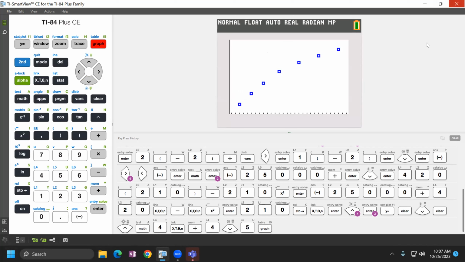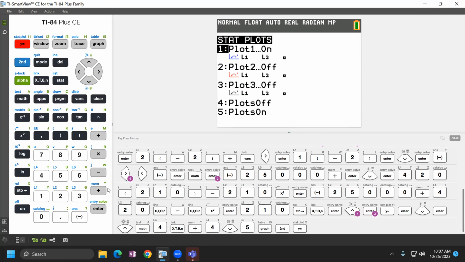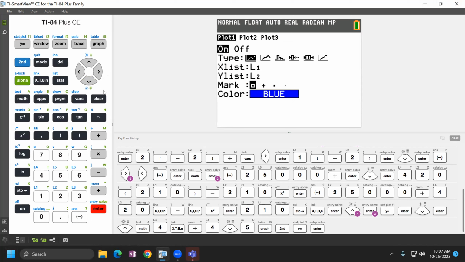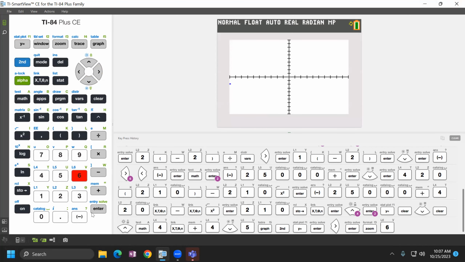Oh, I got stat plots on. I got all sorts of things going on here. Turn the stat plot off. Then I'm going to do a zoom 6. It's obviously intersecting way out here somewhere, and I did find 121, didn't I?